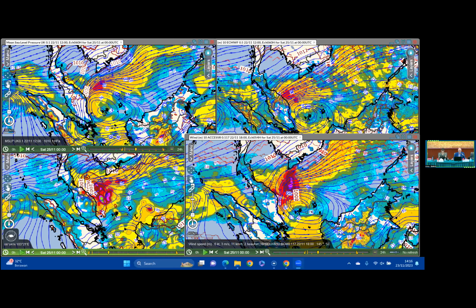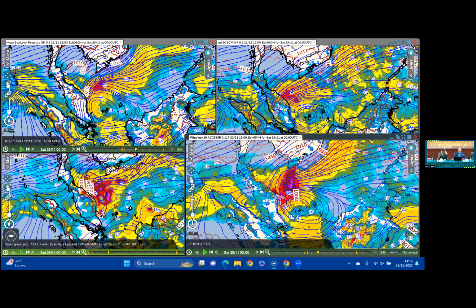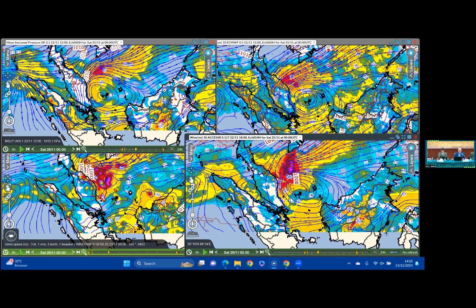All right. I'm starting with the view that a forecaster could have on his workstation, which is a comparison of 4 global models in the streamlines, so 925 hectopascal streamlines.